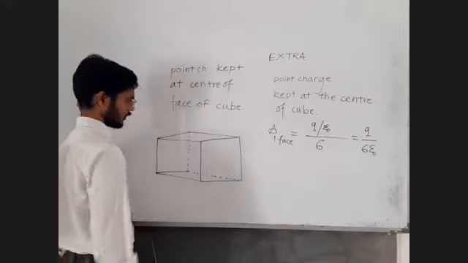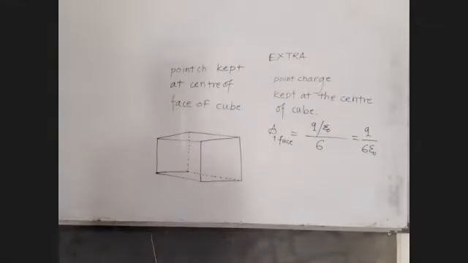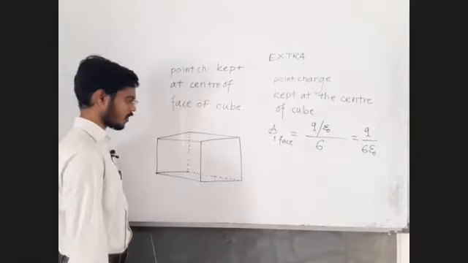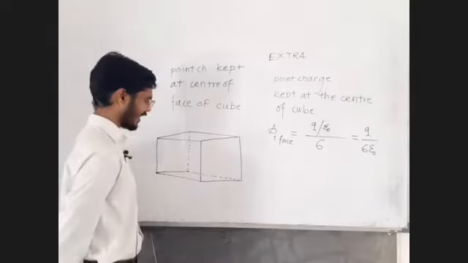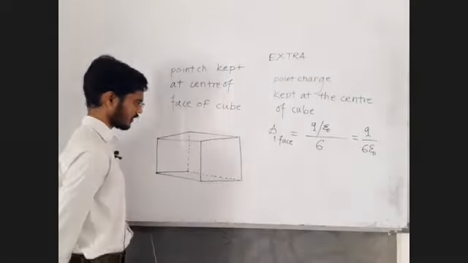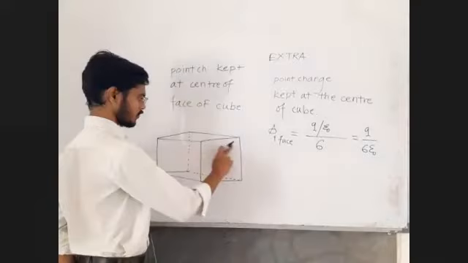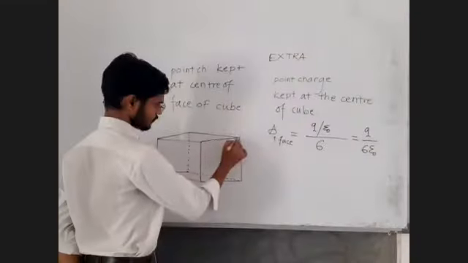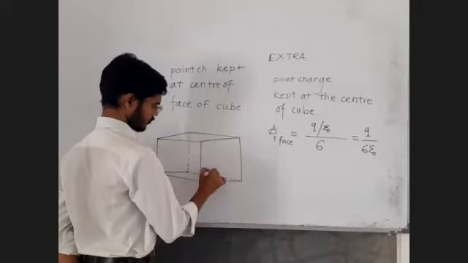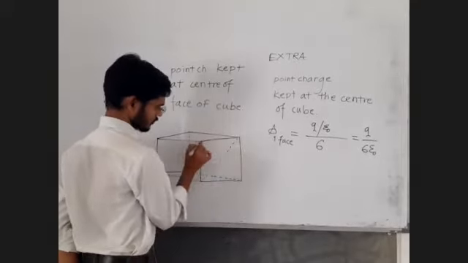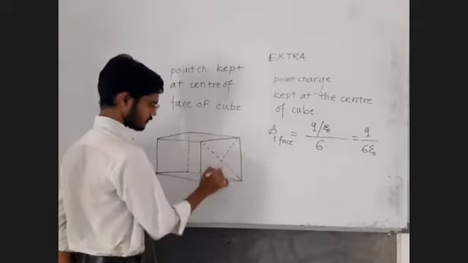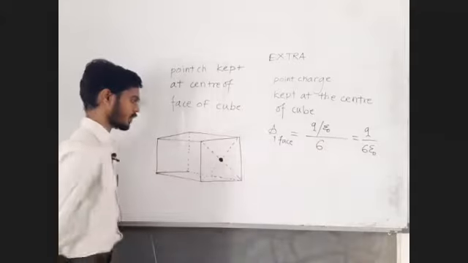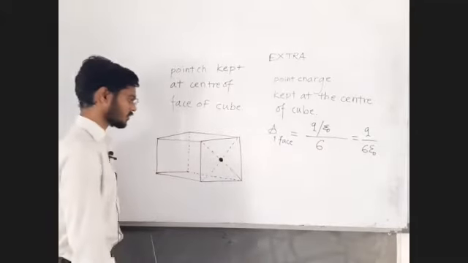Even this should be dotted. So this is our cube, and the charge is placed not at the center of the cube, but at the center of the face. Let us choose this face. Let us try to get the center of this face. Draw the face diagonals. The charge is placed here.